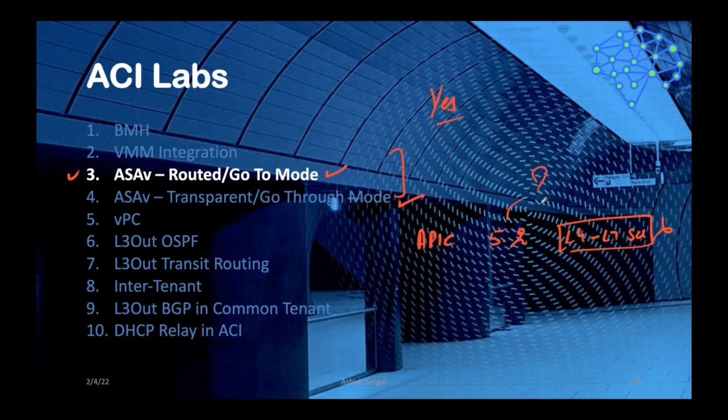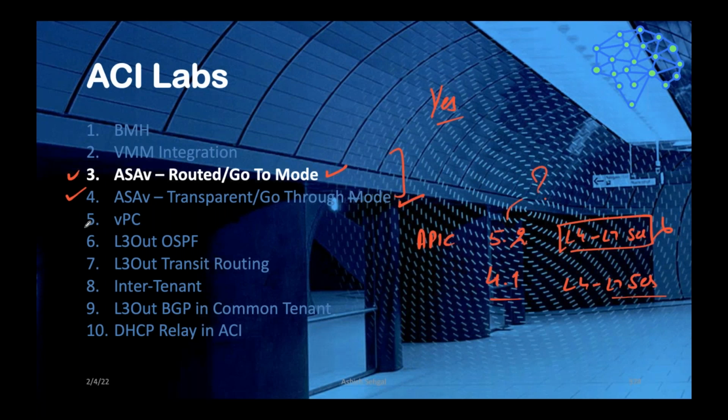So if I give you controller version 5.2, you will not be able to do this lab. But we do have another controller version, 4.1, in a different lab, where the L4 to L7 services tab is available, and both of these labs are doable there.